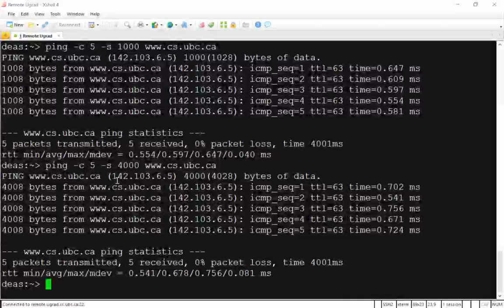So in roughly 3.35 milliseconds, I moved 4,000 bytes to the other side. You take 4,000 bytes, divide it by 3.3, and you get a number. That number is how many bits per second or bytes per second, depending on the units, you actually sent. And so now we have another metric that we can use.